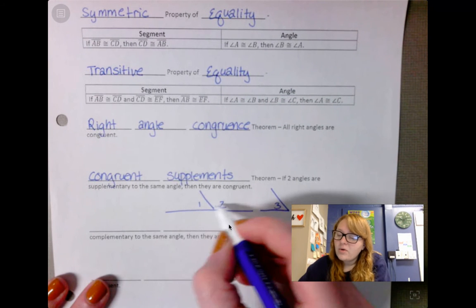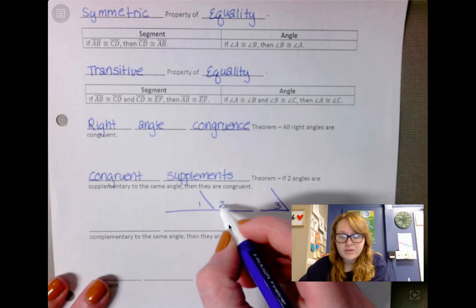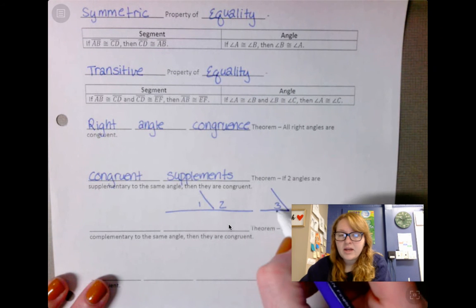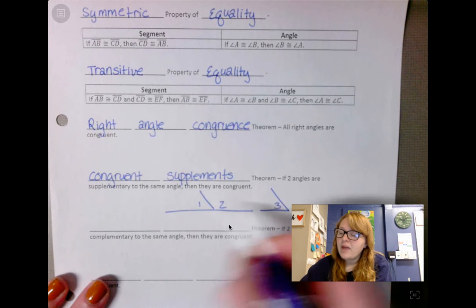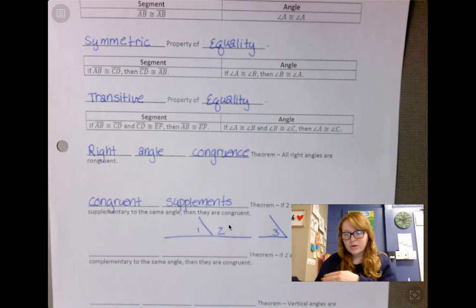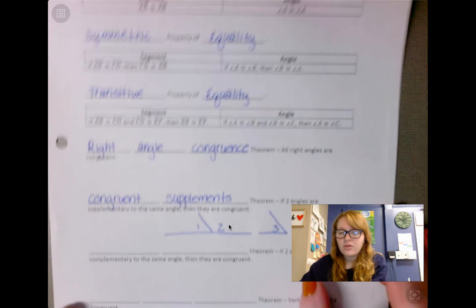So if angle 1 plus angle 2 gives you 180, and angle 2 and angle 3, when you add those together, they give you 180. Then for both of those, 1 plus 2 equals 180, and 2 plus 3 gives you 180. So if you take angle 2 out of both of those, then angle 1 is equal to angle 3, okay? And that's the congruent supplements.